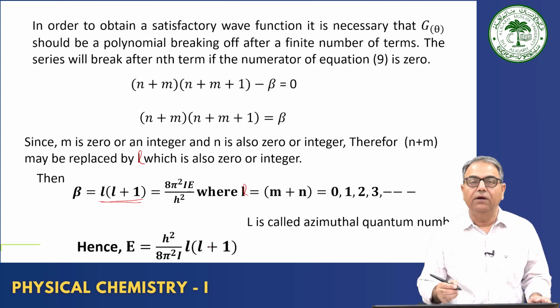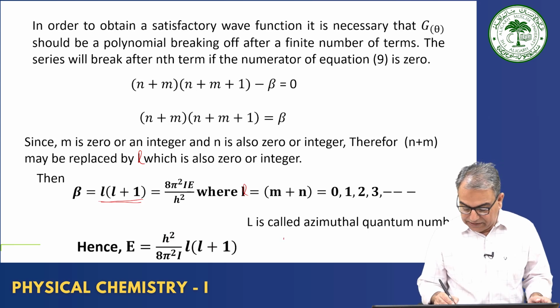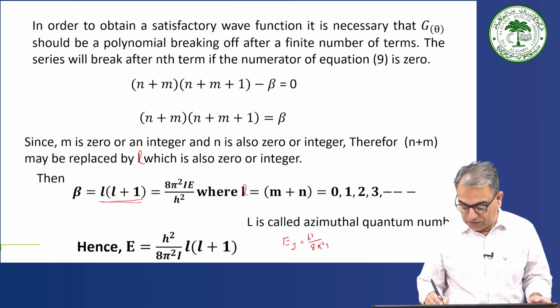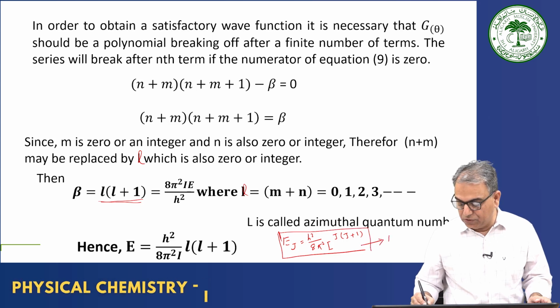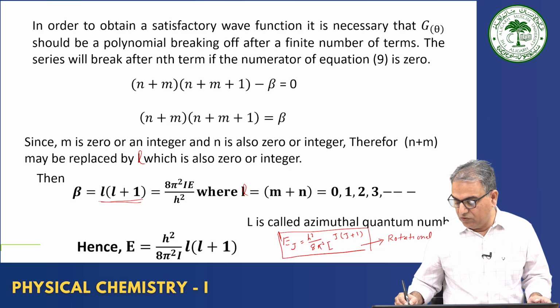And if I replace, just for symbolism, and write E j is equal to h square divided by 8 pi square I, j into j plus 1, then this equation is known to you, and it is used in rotational spectroscopy or microwave spectroscopy.